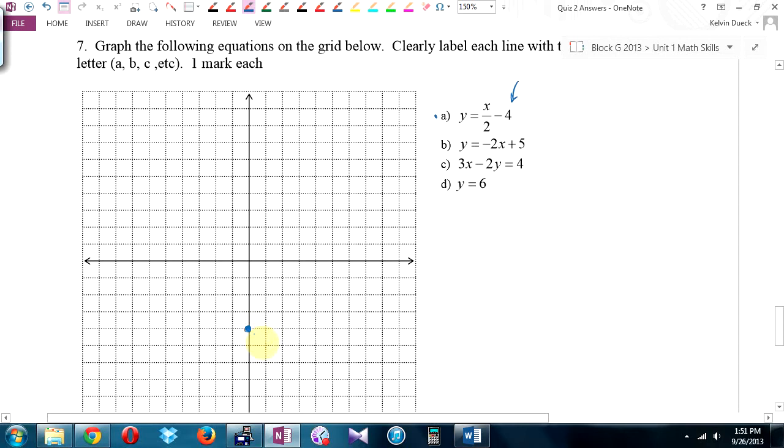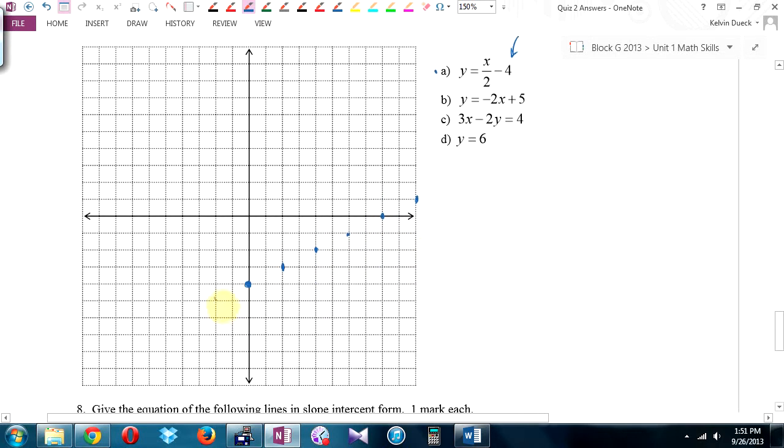And the slope is x over 2. It's really up 1 over 2, up 1 over 2, up 1 over 2. I think line A will look like this. So if you have a line A looking like that, I'll freehand it. Whoa, that's terrible. I won't freehand it.